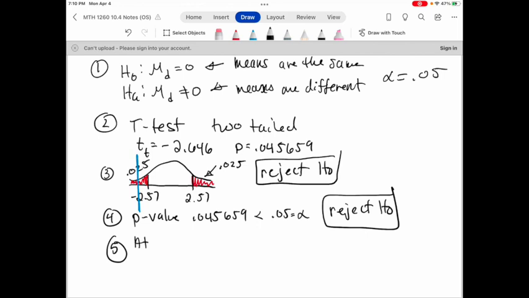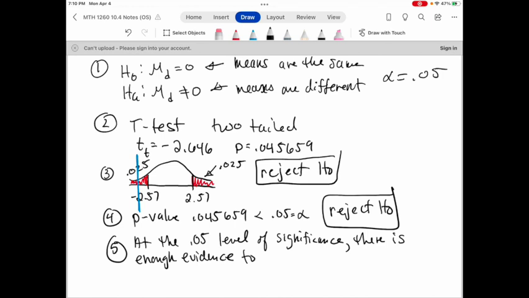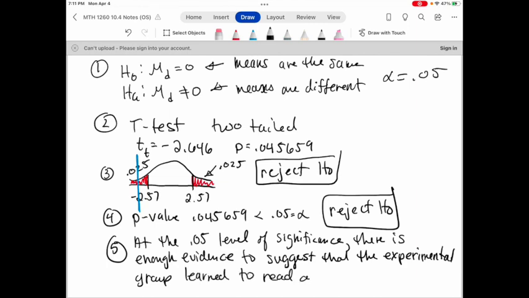For the conclusion, I'm going to write: at the 0.05 level of significance, there is enough evidence to suggest that the experimental group learned to read at a different age.